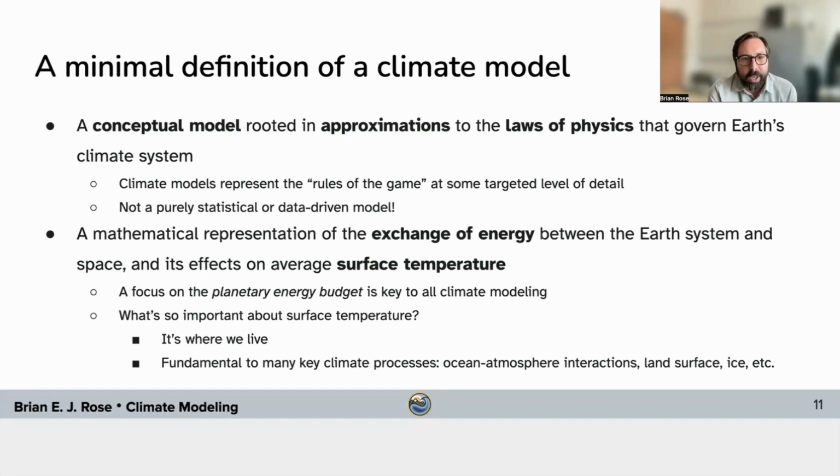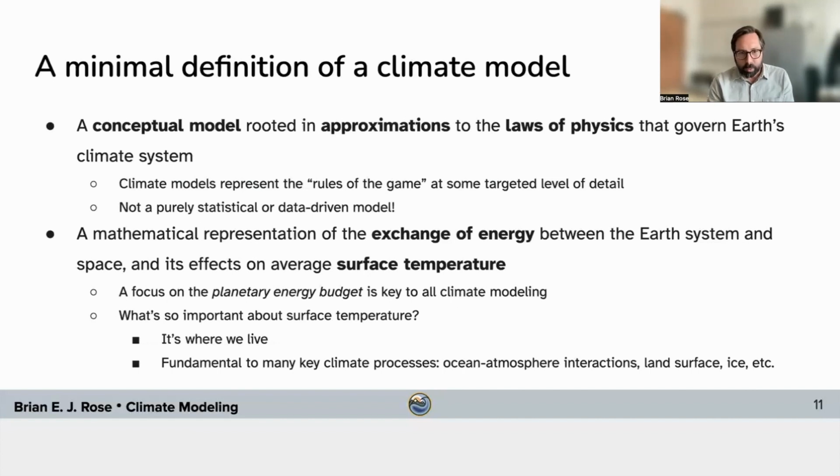Now, more specifically, I'm going to define a climate model as a mathematical representation of the exchange of energy between the Earth system and space and its effect on average surface temperature. So a focus on this planetary energy budget is really a key feature of all climate modeling, because, as I've been emphasizing, it's imbalances in that budget that drive climate to change. Why surface temperature?